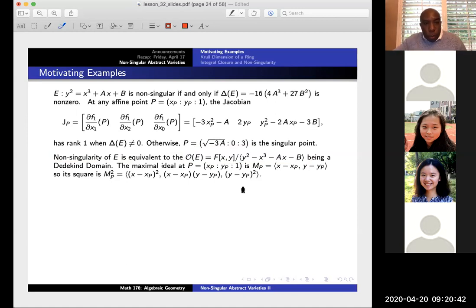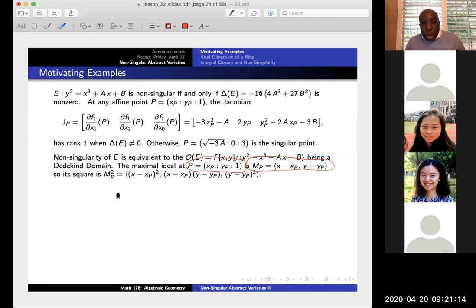So what we want to do is focus on a point on the curve and then look at the maximal ideal corresponding to that point. That will eventually tell me what all the maximal ideals sitting inside my coordinate ring are. Here's a maximal ideal. It's generated by these two, x minus the x coordinate of p and y minus the y coordinate of p.